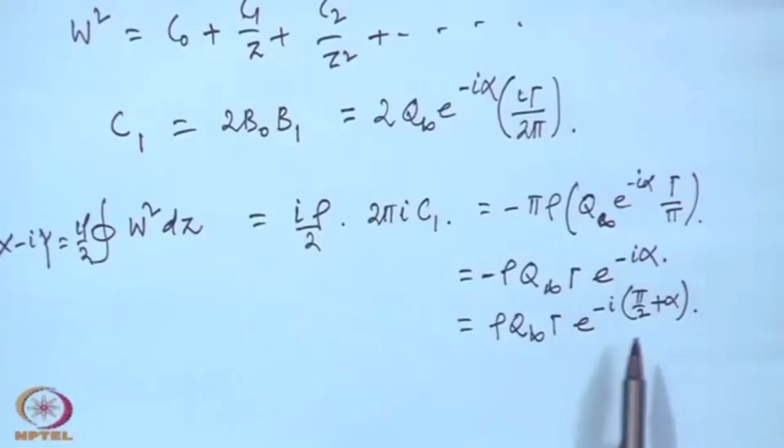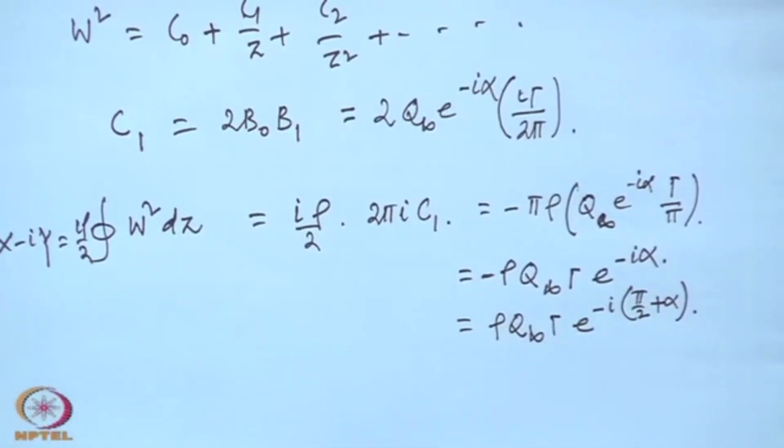This force is now e to the power minus I into pi by 2 plus alpha. So, in which direction is the force? This force is clearly perpendicular to the direction of q infinity. We need not write its real and imaginary components. From here itself we can say that this force is perpendicular to the free stream direction.